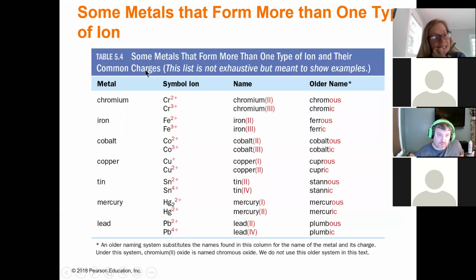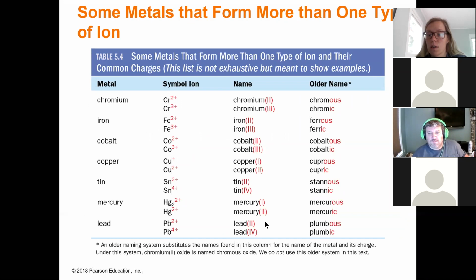Here are some of the varying charges for some of the transition metals. Don't worry about memorizing these. You will be able to figure the charge out from the formula, so I don't expect you to know chromium can form either a 2+ or a 3+. What I do want you to see though is, do you see how this is a chromium with a 2+? The way that they write that name, they don't just write chromium. They write chromium, and in Roman numerals, they put a 2.